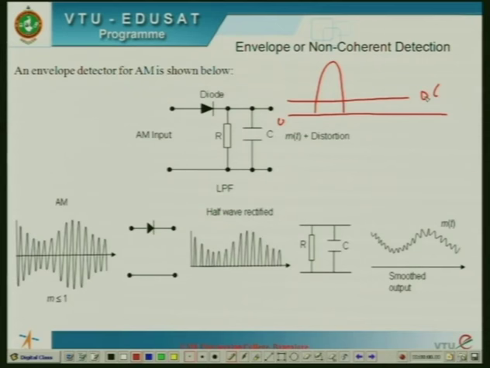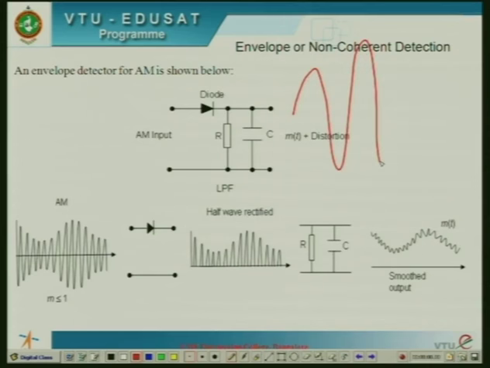If your input voltage is greater than the cut-in voltage, the diode is working as a rectifier, and you will get this voltage at the output. Let me redraw it, sorry. If your input is this, and the cut-in voltage of a diode is set to this, what happens? The top portion whatever we are able to get will be rectified, and it will be available at the output of the diode.